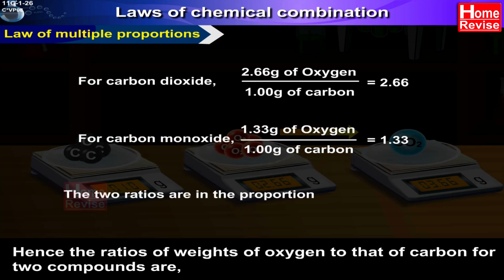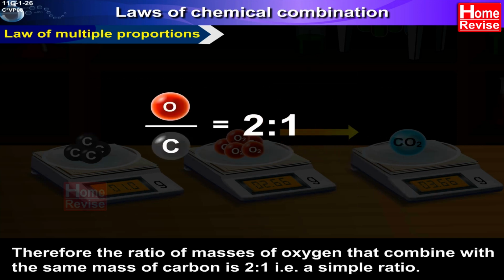The two ratios are in the proportion 2.66 upon 1.33, which is equal to 2:1. Therefore, the ratio of masses of oxygen that combine with the same mass of carbon is 2:1. That is a simple ratio.